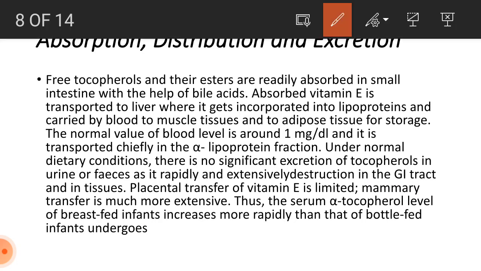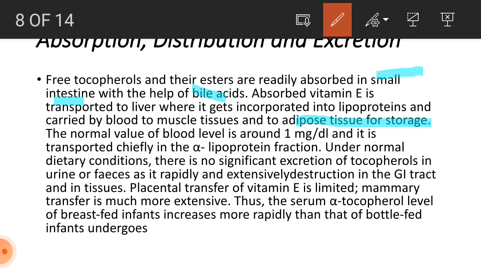First of all, free tocopherols and their esters are readily absorbed in the small intestine with the help of bile acids. Absorbed vitamin E is transported to the liver, where it gets incorporated into lipoproteins and carried by the blood to the muscle tissues and then to the adipose tissue for storage.